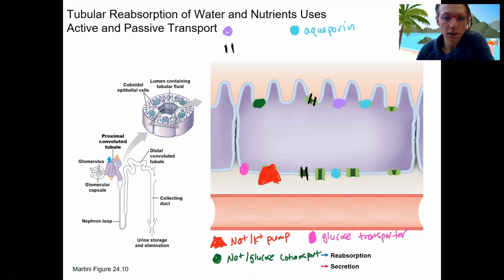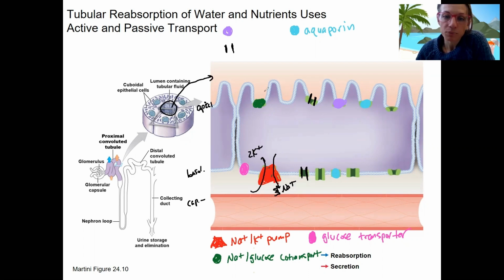Again, here's our lumen, zoomed in right here, apical, basolateral, capillary. So we've got to move sodium and potassium. Sodium is going to go out here, potassium in. We'll talk about potassium secretion in the distal convoluted tubule.